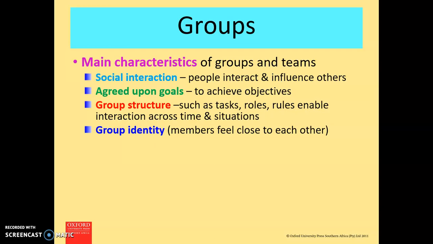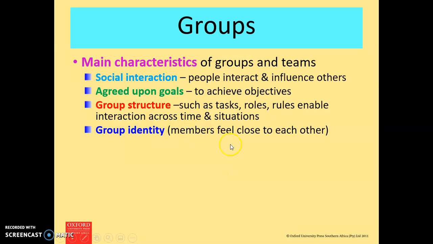So group structure: sometimes the organizations or the groups or the teams consist of a group structure such as tasks, rules and so on that enable interactions across time and situations. And groups also have identity, where members feel close to each other, where members like to be identified in the groups, or to be known to have their own identity.